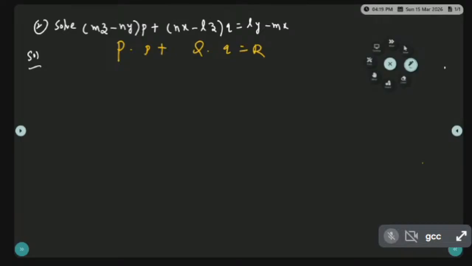Lagrange's equations are solved by two methods. One is method of grouping, another one is method of multipliers.